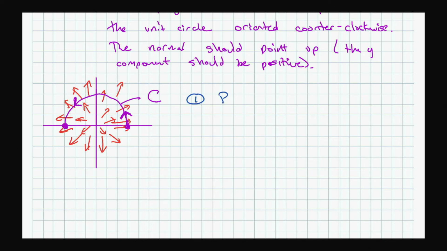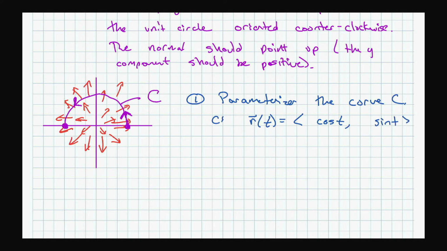Normally you would parameterize your curve C. For a unit circle, we would normally use a parameterization like cosine t, sine t. And if the radius was not 1, you'd put the number out front, right? But our radius is 1, so it's just cosine t, sine t.